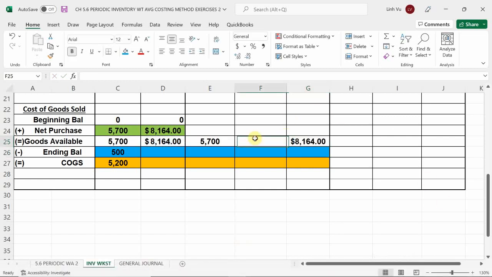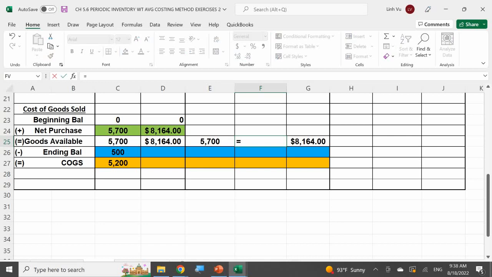So what will become my average cost per item? $1.432282.